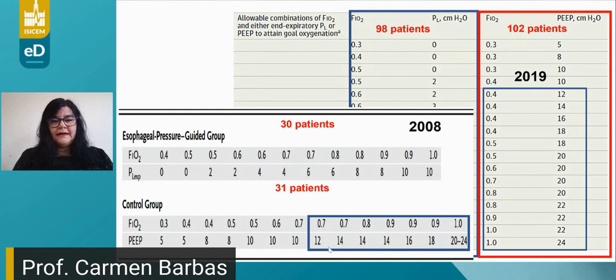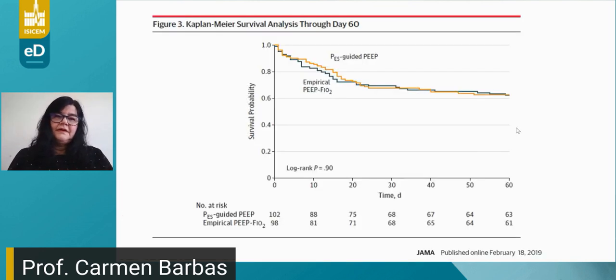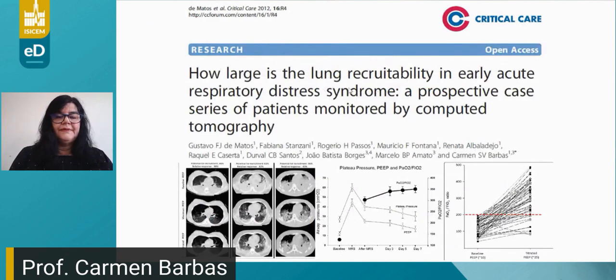They used higher PEEP after 70% of FiO2, but in the paper of 2019, they used higher PEEP after 0.4 of FiO2, and with this PEEP table, they used a higher PEEP, and that's maybe the reason that they didn't show difference in mortality between this higher PEEP table compared to PEEP guided by esophageal pressure.